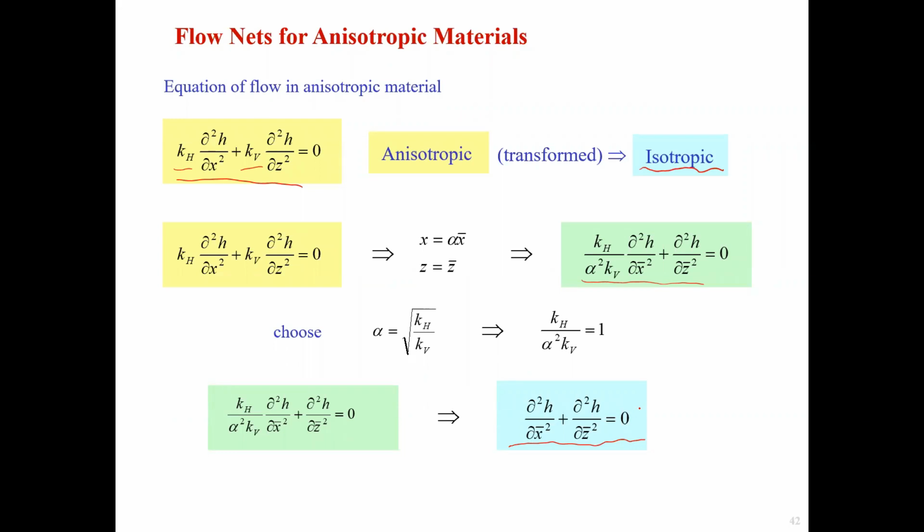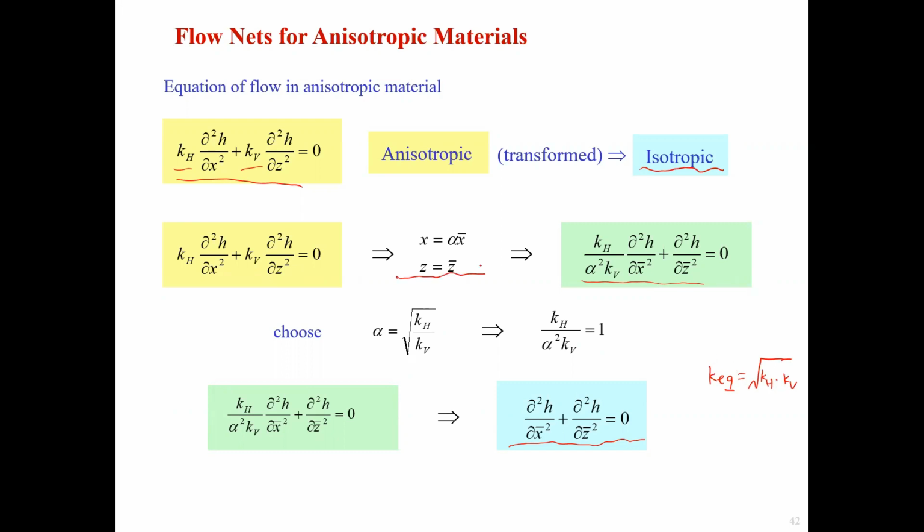Note that the equivalent isotropic permeability for the transformed soil is now KEQ, and it's the square root of KH times KV. This formula will be covered in the next slide.